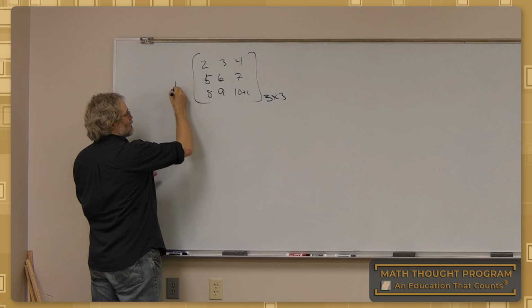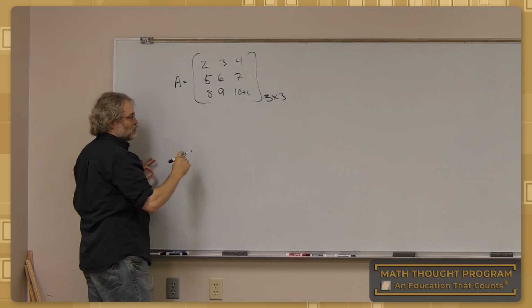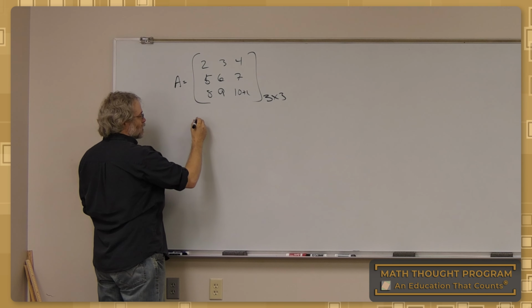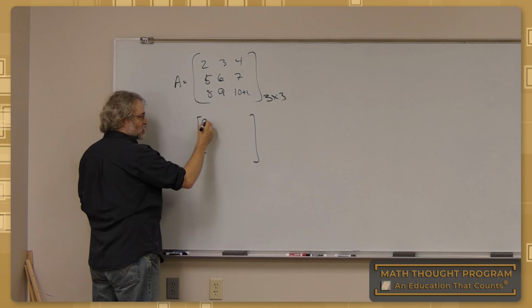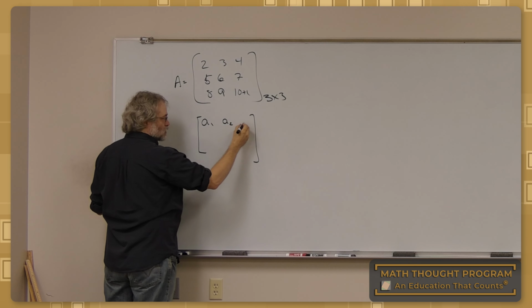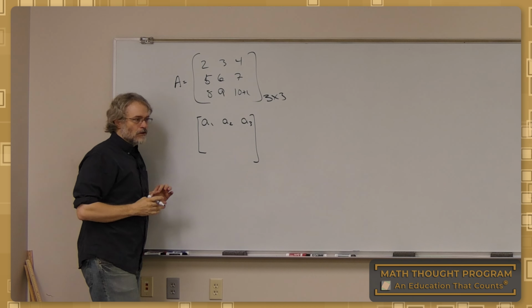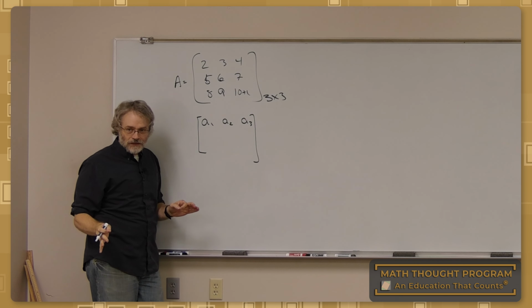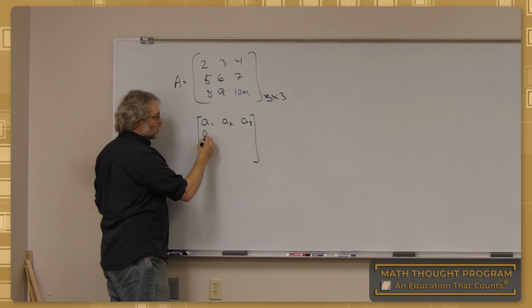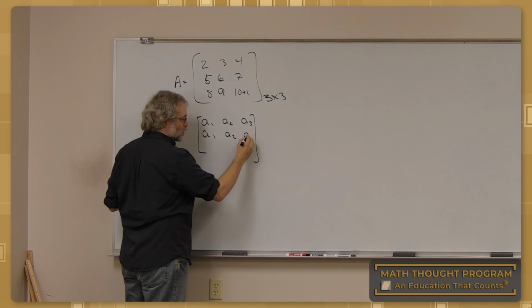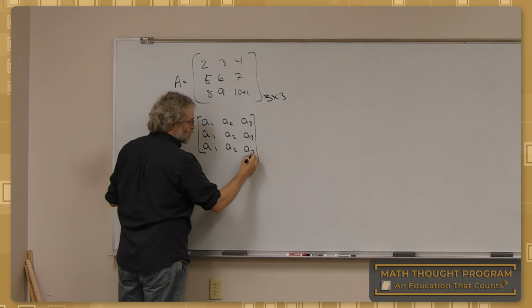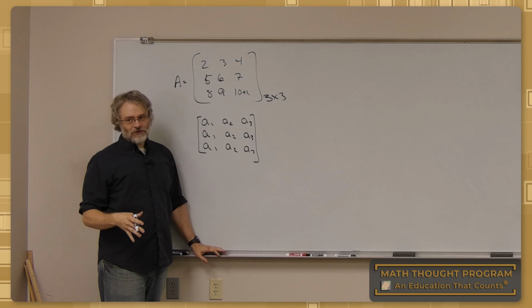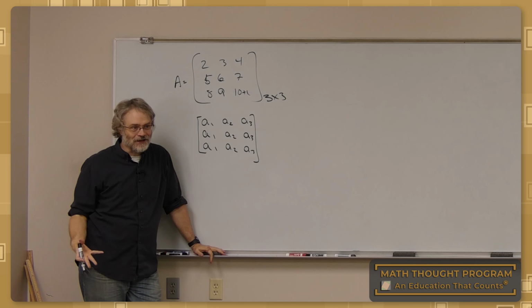Oftentimes, if I was to say this is matrix A, we could do something of the form where I can say that this is going to be a1, a2, a3. But that's confusing, because when I come down here, if I say a1, a2, a3, and then do the same thing, we're going to run into a big problem very quickly, because that's saying that all the variables are the same.